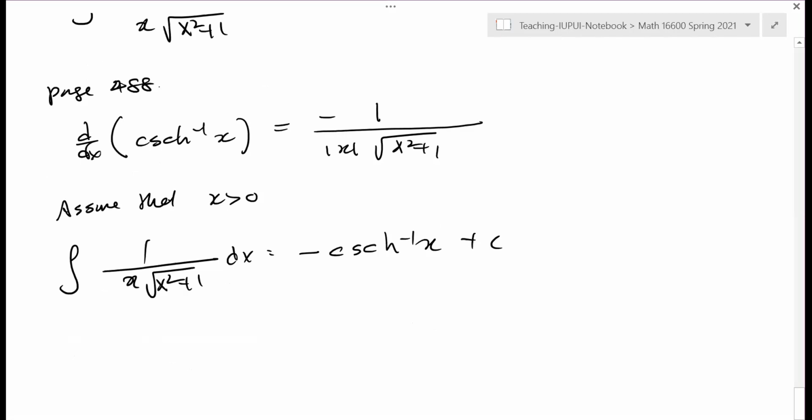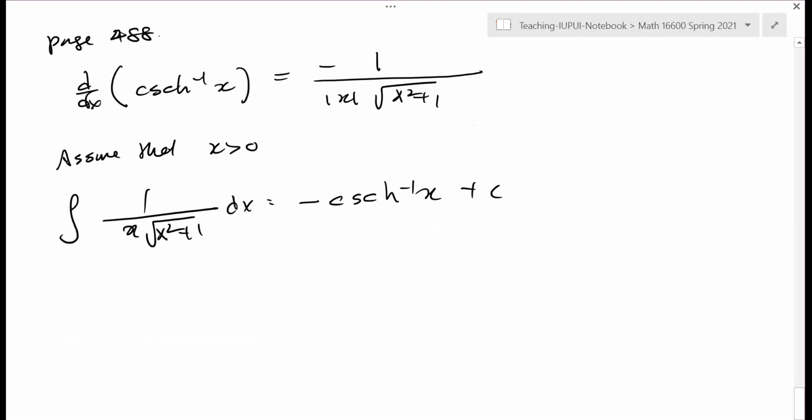Now, you may want to find the formula in terms of natural log. If you use a formula using natural log, what can you get?